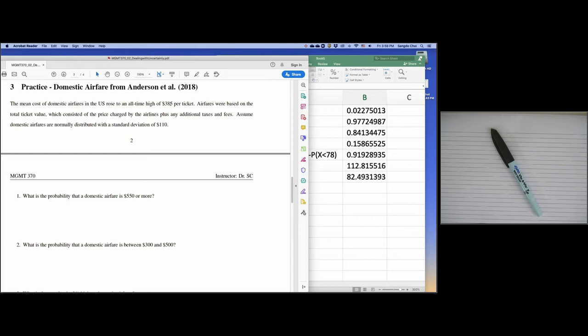This problem is basically about normal domestic airfare in the US, and their average is 385.